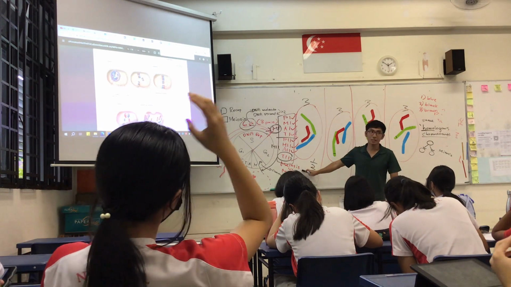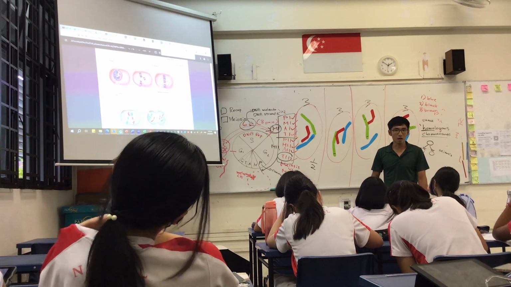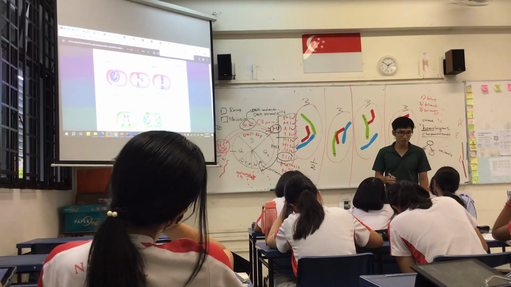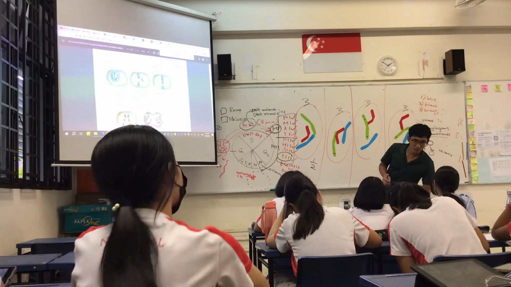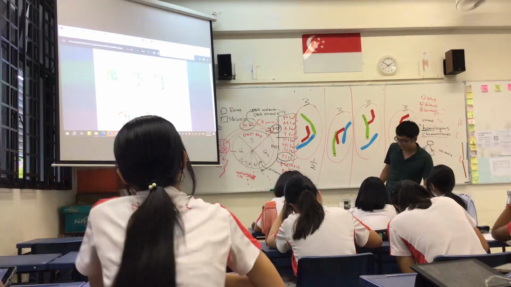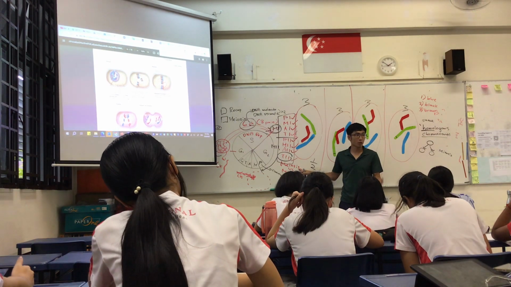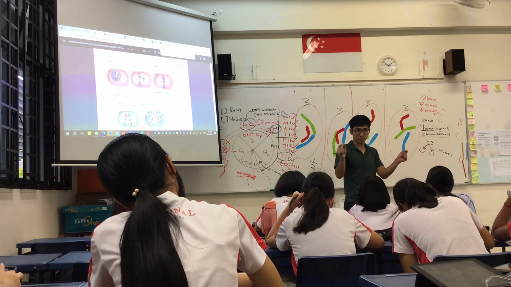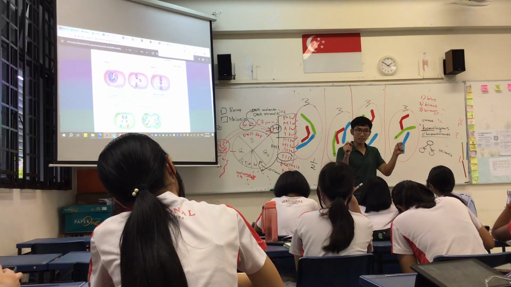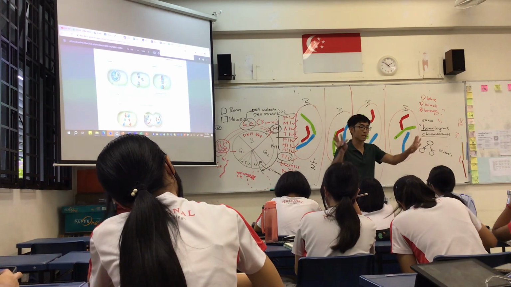Does meiosis occur in any body cell, or does it occur from specialized cells? What is the parent cell for meiosis? In the context of humans, if you go down to the ovaries and the testicles, there are specialized cells there that can carry out meiosis that will form sperms and eggs.